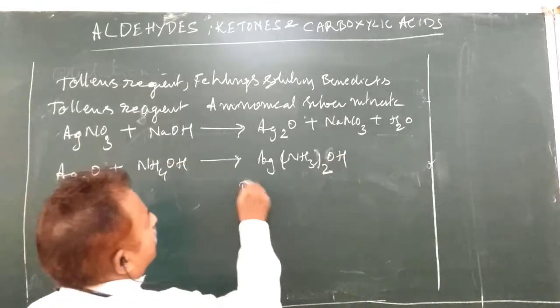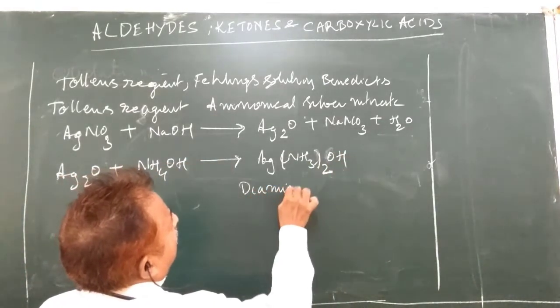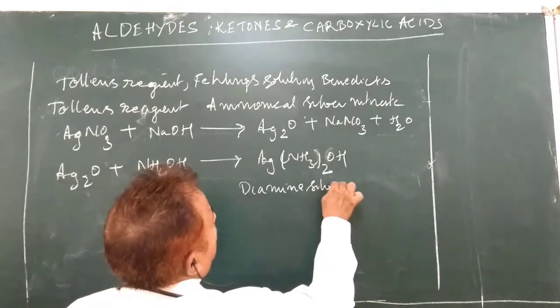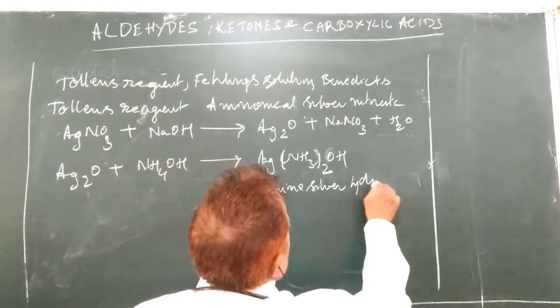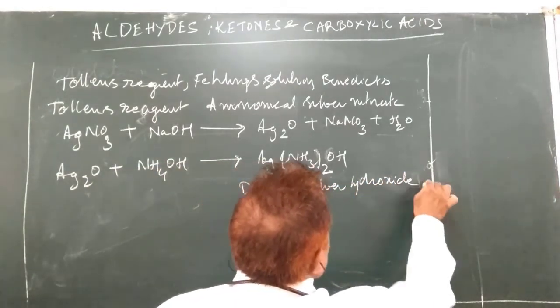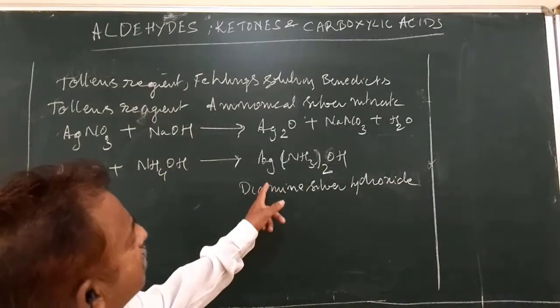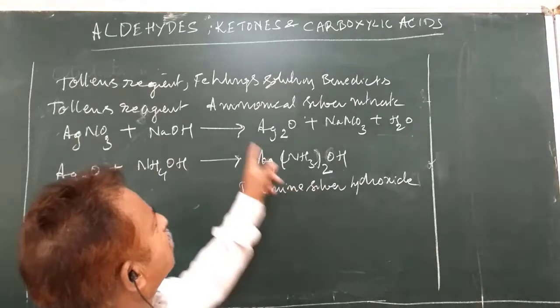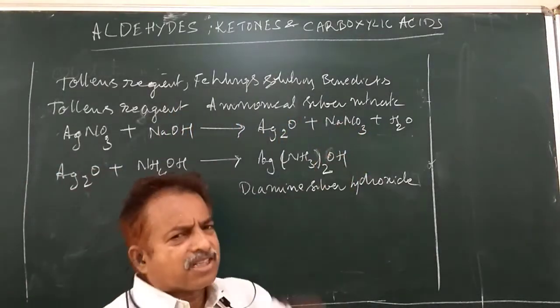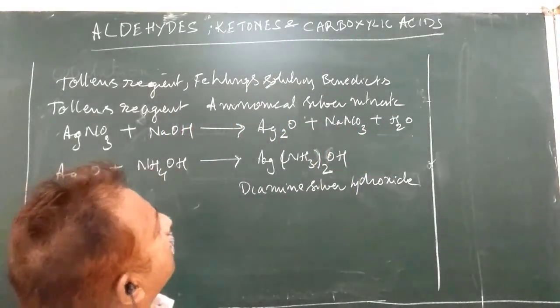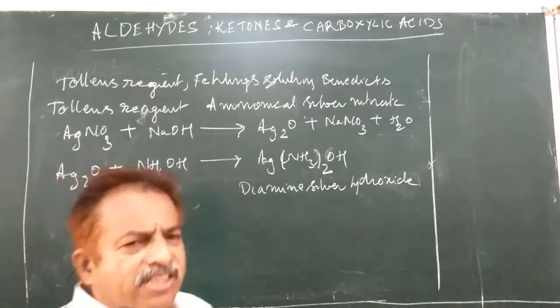What is this substance? This is diamine silver hydroxide. Diamine silver hydroxide is a complex substance, which is referred to as ammonical silver nitrate, and that is Tollens reagent.